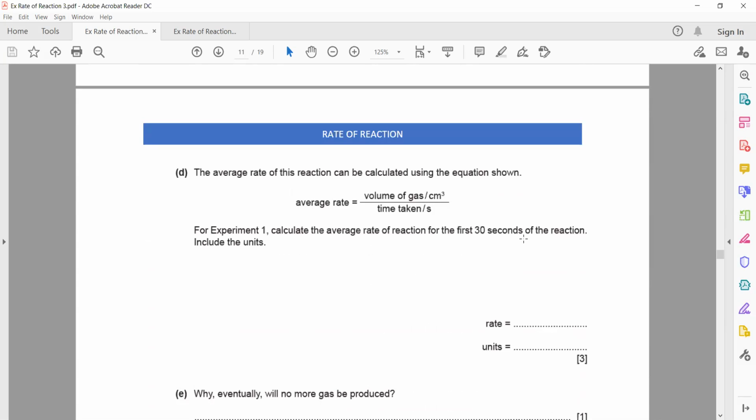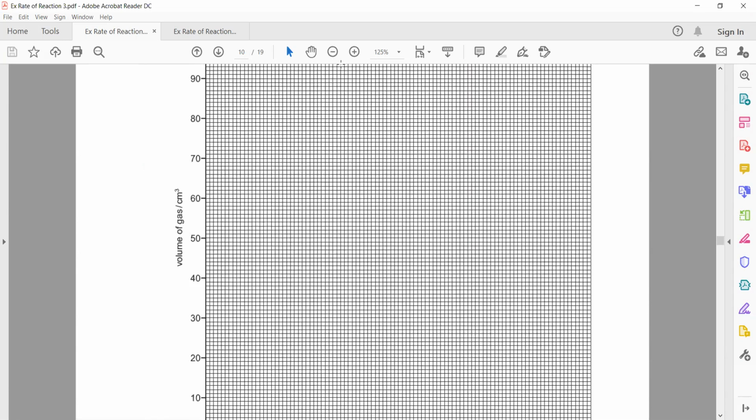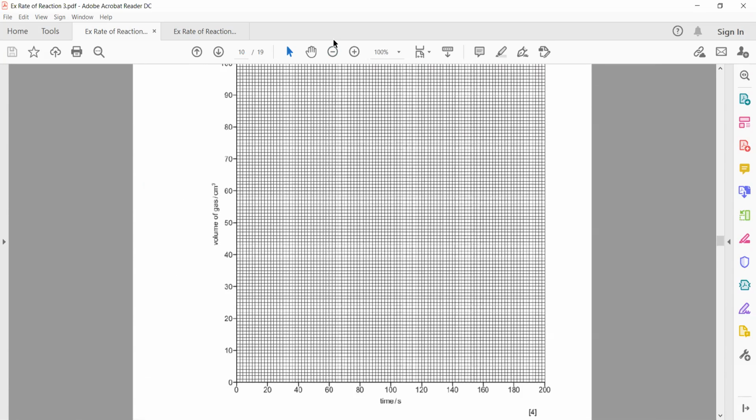The average rate of a reaction can be calculated as volume divided by time. So for the first 30 seconds for experiment 1, you will have a graph for experiment 1. For the first 30 seconds, you will find the volume, and volume divided by time, you will get the average rate.